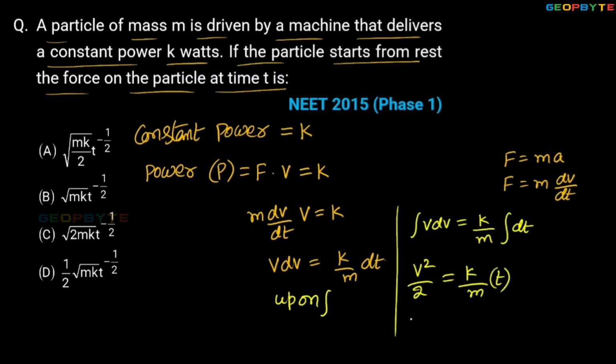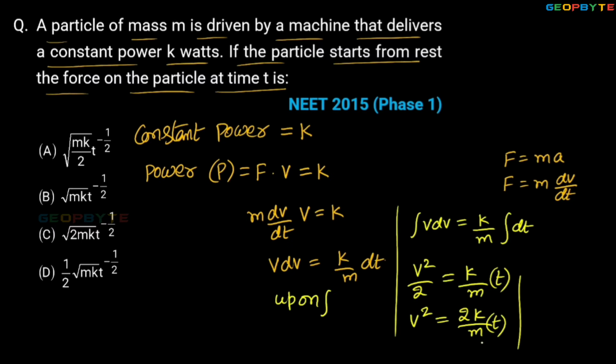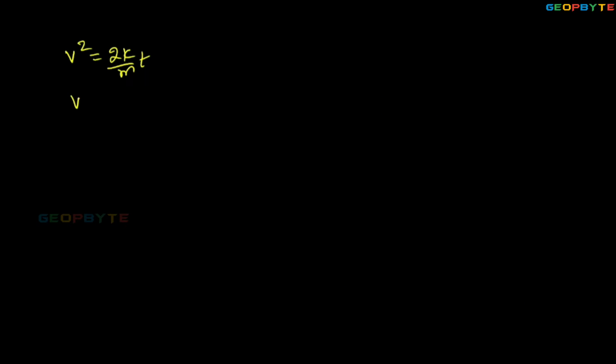Then v square equals 2k by m into t, correct? Then v equal to root over 2k by m into t. That is the velocity.